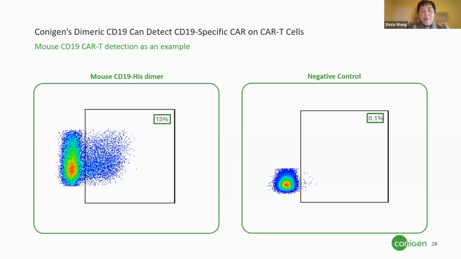The dimer protein can very sensitively detect the CARs on the CAR T cells. You can see they can detect about 15% of the transfected T cells producing the CAR. The negative control, of course, has very low background.